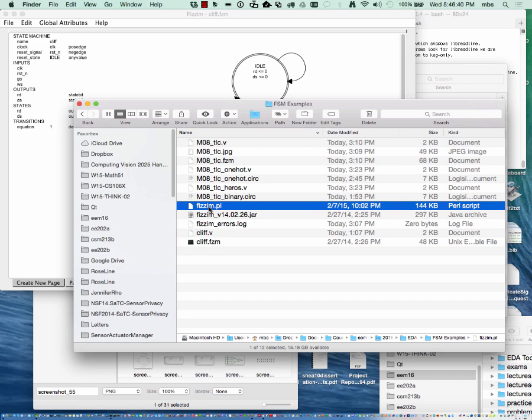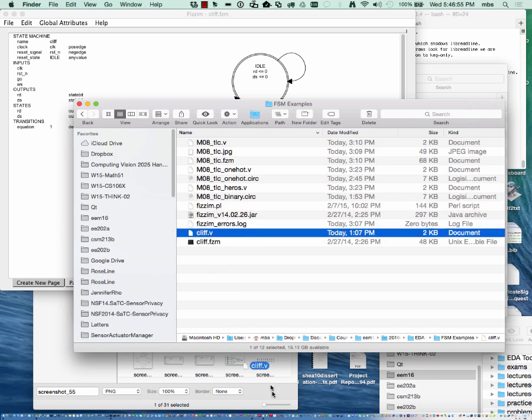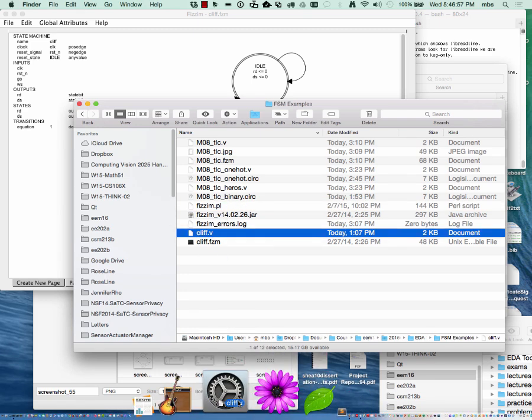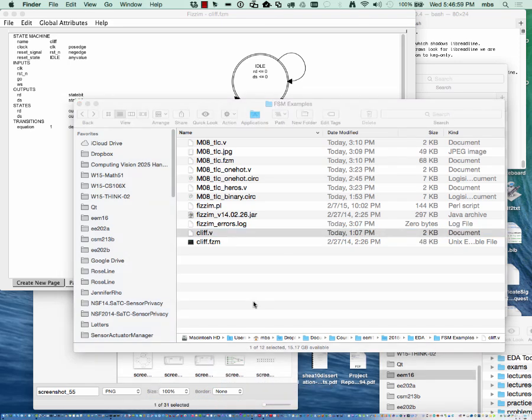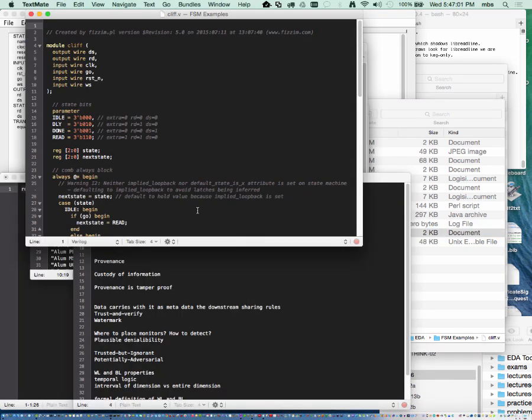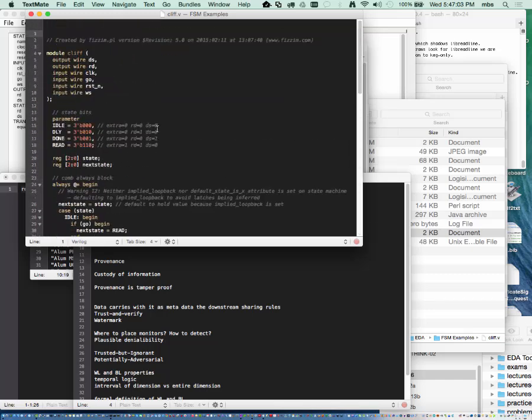You may need to install it if you're on Windows, but we are hoping to provide you an approach where you don't have to do any of that. You just give us the FISM file, then log on to a machine and run it there. What this does is produce the Verilog file, which I had shown before. This is the Verilog file, and this is exactly what I had shown out there.